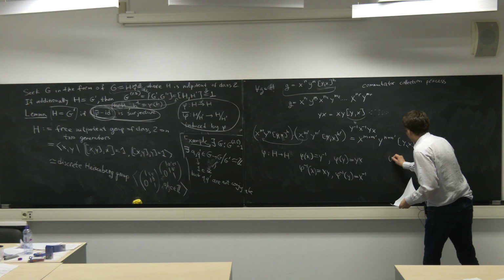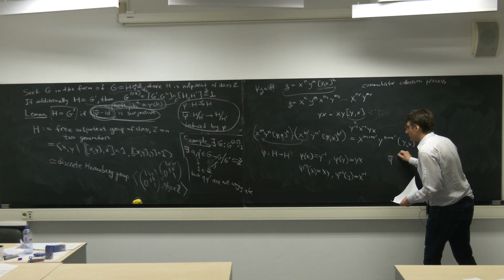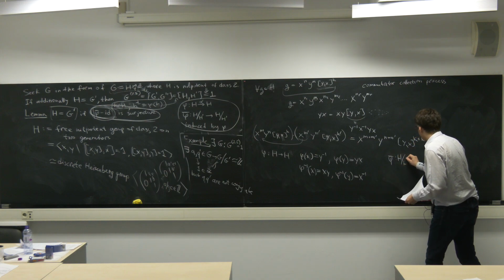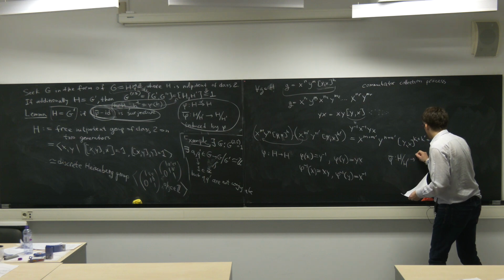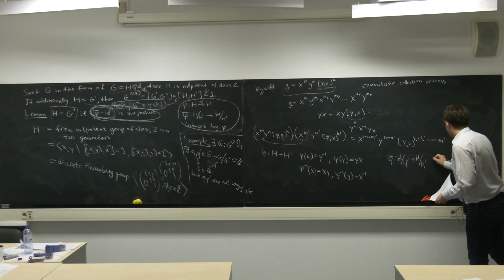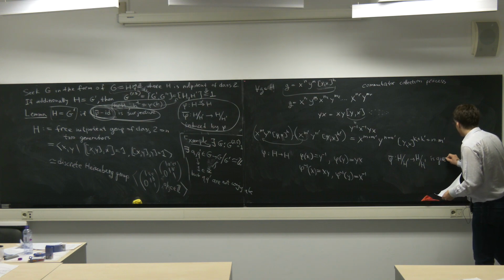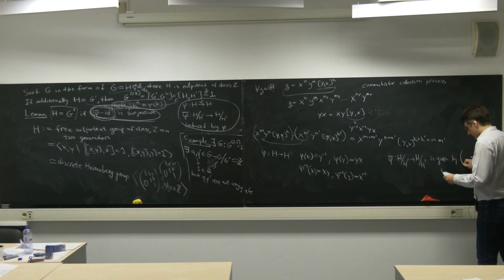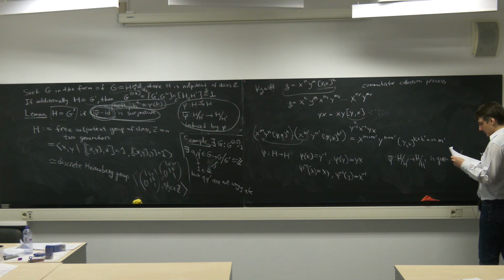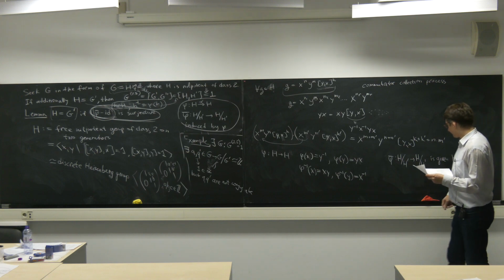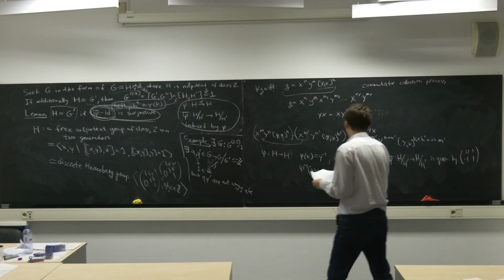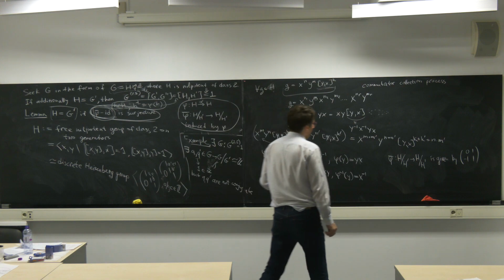Well, we have phi bar from the abelianization of H to itself, and it is given by the matrix (0, 1; -1, 1).